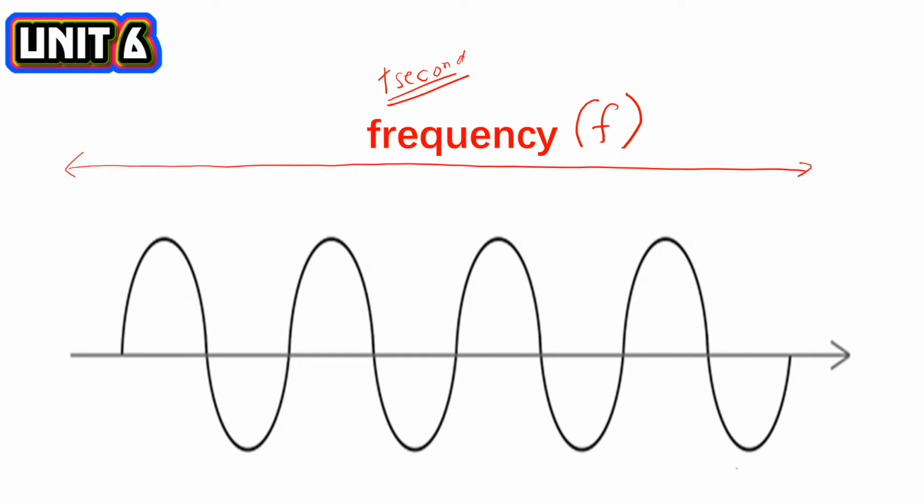In frequency, you are asked how many crests are created in 1 second. As we can see here, we have crest 1, crest 2, crest 3, crest 4. So in 1 second, in this picture, 4 crests are created. Therefore, the frequency for this drawing is 4.